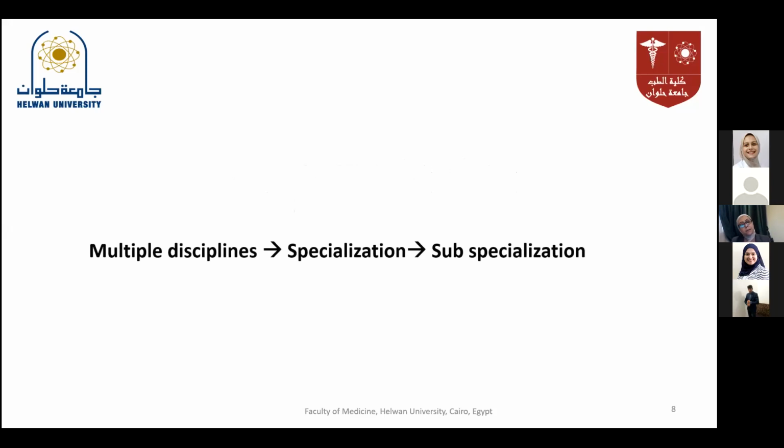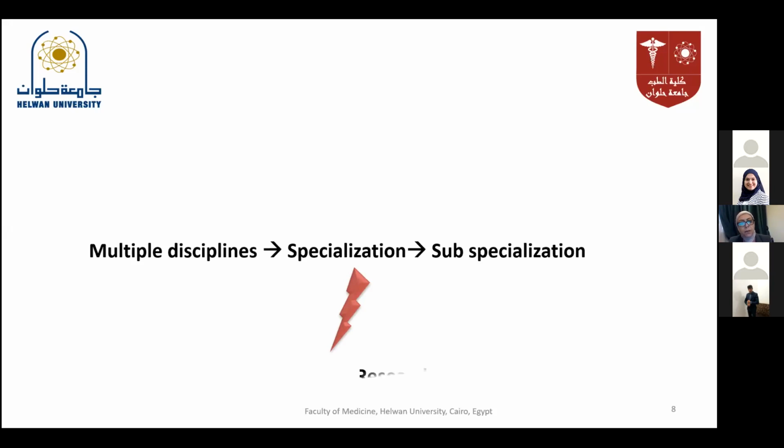Then, as science grows, we go to specialization, okay? Then, as the mass of knowledge increases, we went to sub-specialization. And this was true till the end of the 20th century, okay? But what about this era in the 21st century?